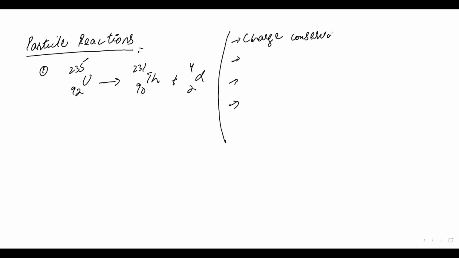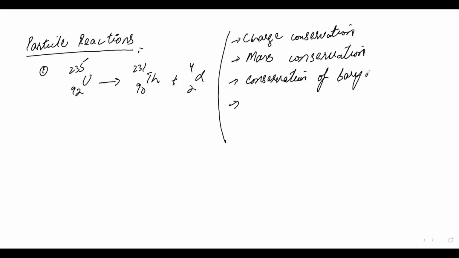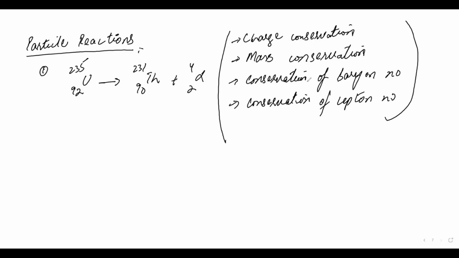Secondly, there must be conservation of mass. Thirdly, there must be conservation of baryon number on both sides. And fourthly, there must be conservation of lepton number. So we've got charge conservation, mass conservation, conservation of baryon number, and conservation of lepton number to talk about.